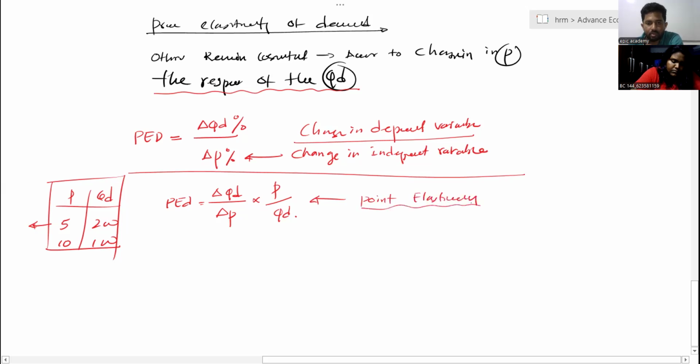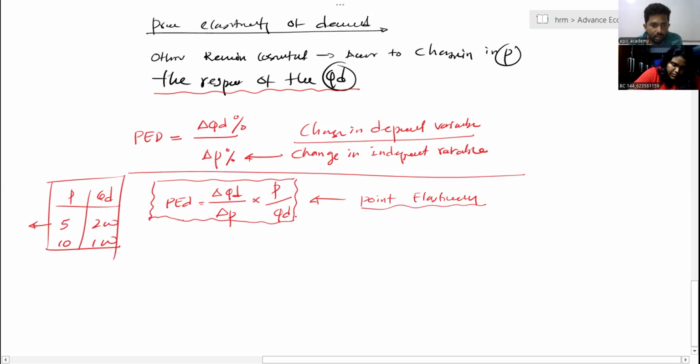If you can copy that equation, it is good. It must be used in the next one. This is the equation you have to use to calculate the point elasticity. Point means one certain price, one certain point on the demand curve.